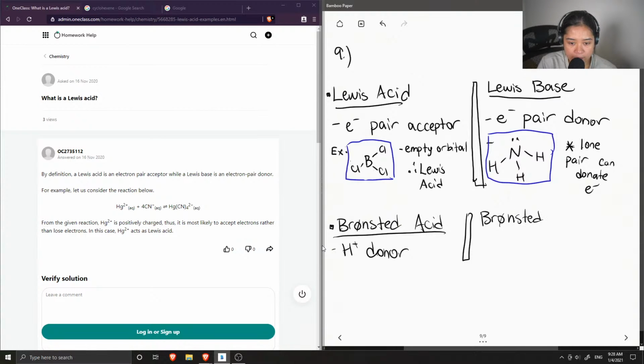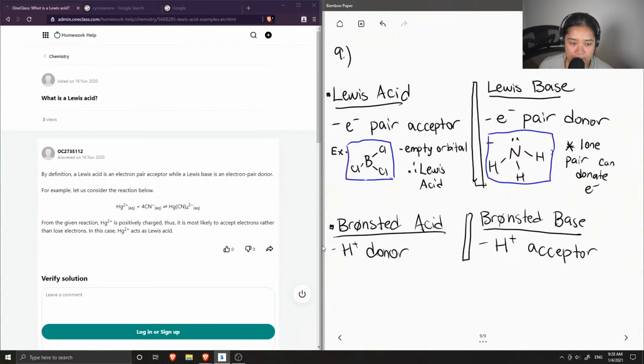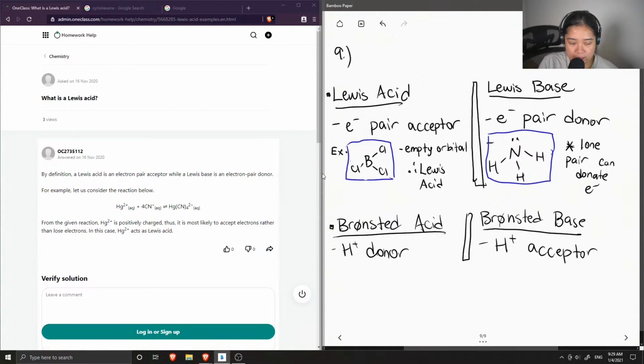And a Bronsted base is a proton acceptor. Okay, so the reason why you can have a Lewis acid that isn't a Bronsted acid is because sometimes it doesn't have a hydrogen to donate. Like in the case of boron trichloride, there are no hydrogens, so this can't be a Bronsted acid since Bronsted acids are proton donors.